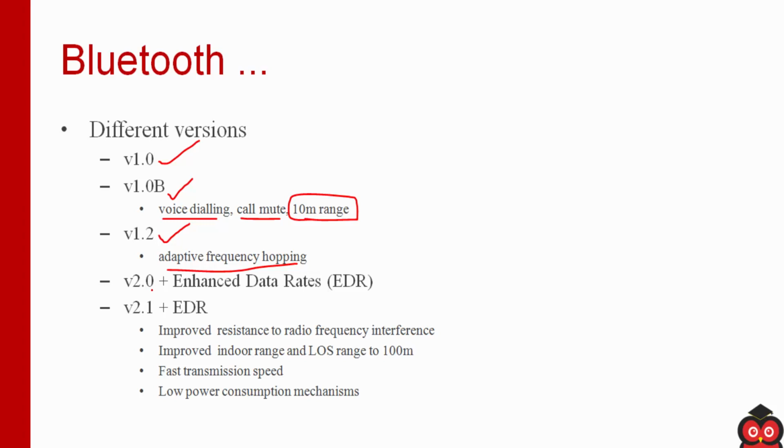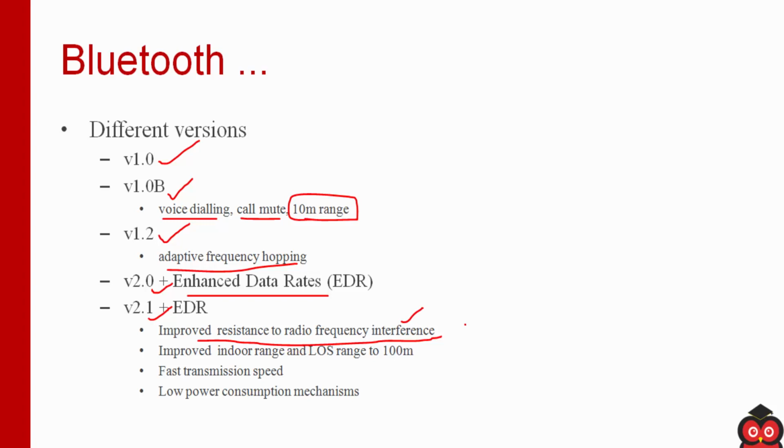Then we have version 2.0 along with enhanced data rate, and then version 2.1 with enhanced data rates, and some other features included in version 2.1: improved resistance to radio frequency interference.